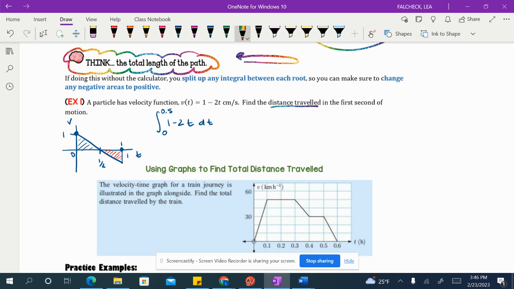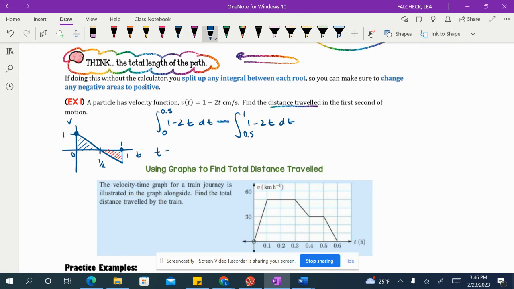And then we're going to subtract the negative portion because that will get our sign correct for us. So we're going to go from 0.5 to 1 as our bounds, and then we're still using the same function here.